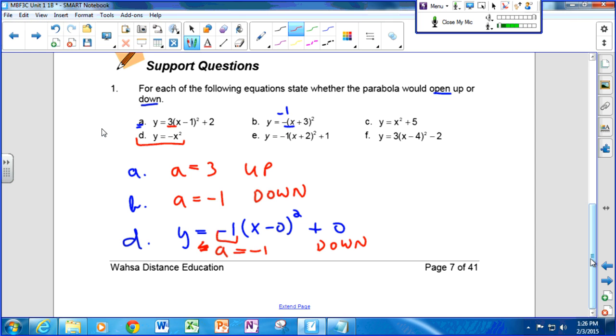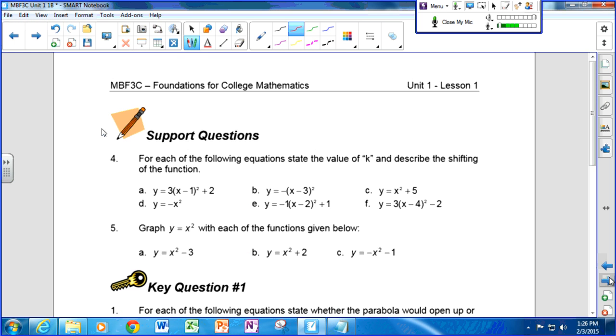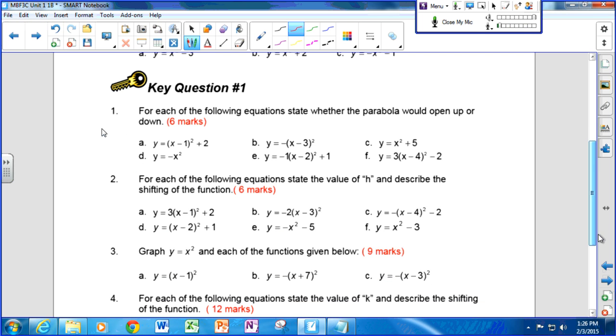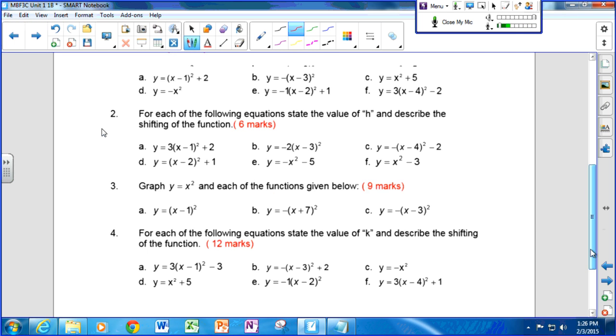Are there any other weird ones? I think we probably covered them all. So that gives you an idea of how you would go about doing those. Now, let's flip forward a couple of pages ahead. Take a look at this support question, and then key question number 1, which is on page 10.